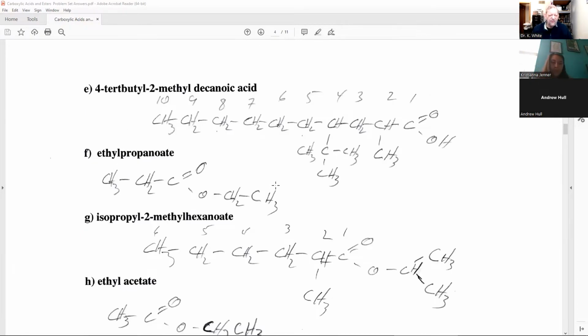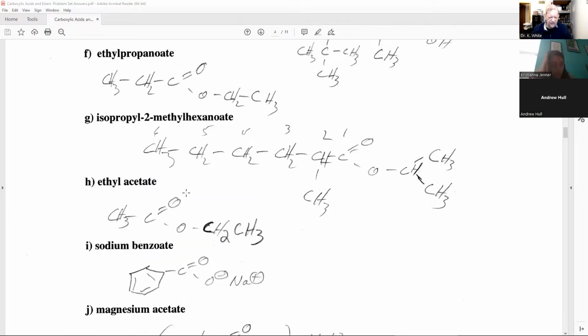All right, let's look at F. How do you draw this molecule? OAT ending, either an ester or carboxylate anion. If you look in the front, if it's an R group, ethyl, it's an ester. And how many carbons, including the carbonyl carbon here, propane, if you drop the OAT, 3, and this is how you draw the ester.